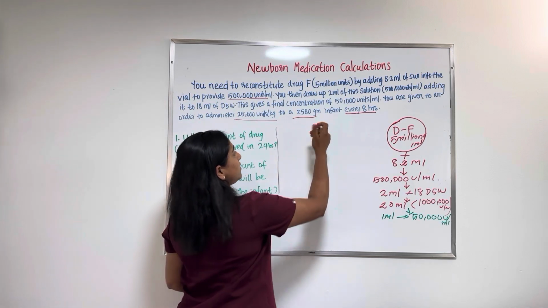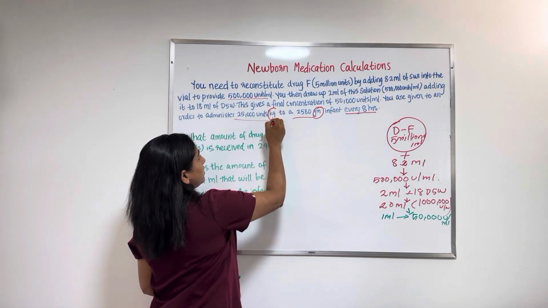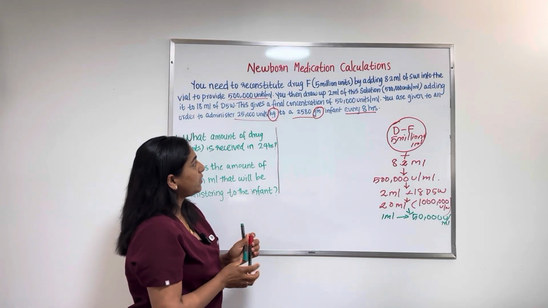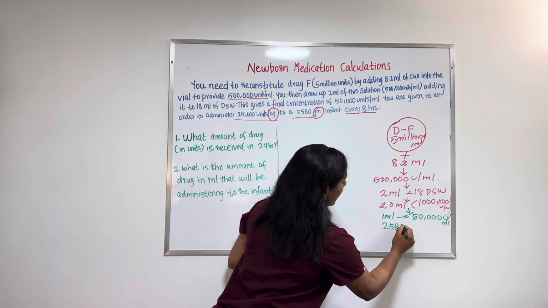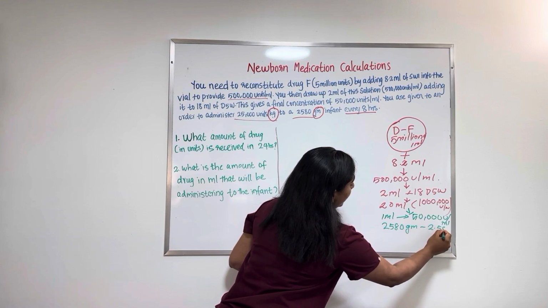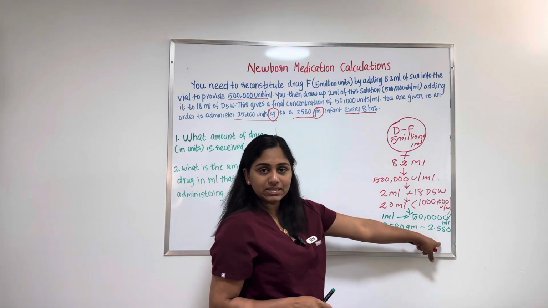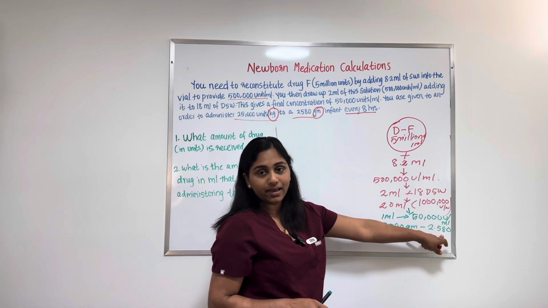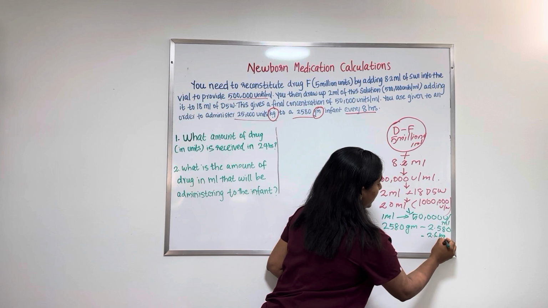So here the baby's weight is in gram and here it's in kg. So the next step, we need to convert 2,580 gram to kg, that is 2.580. We need to adjust the decimal points. So 2.580, the 8 is greater than 5, so you can just put 2.6 kg.